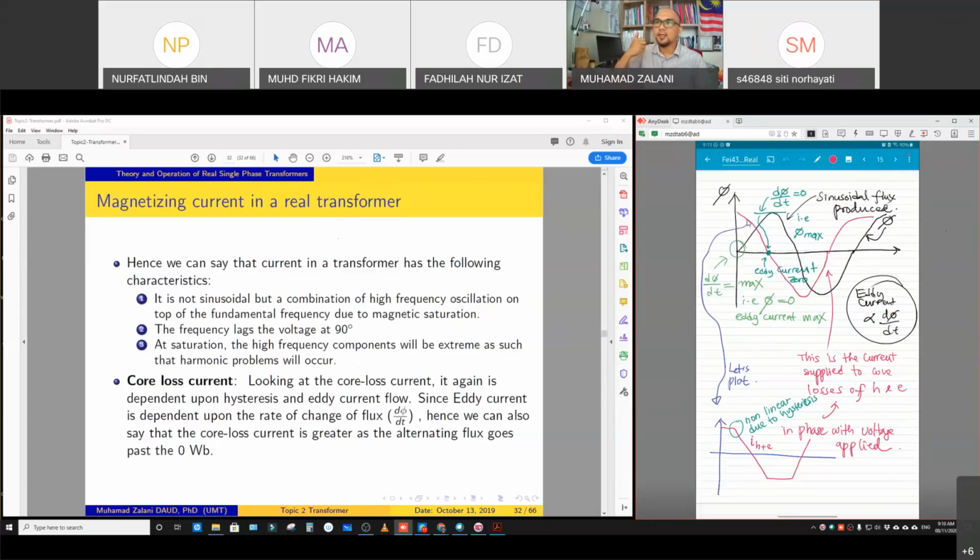But actually, it is not a pure cosine function like this. Not a very smooth or very good cosine function, but it is more like something like this at the bottom, as you can see.